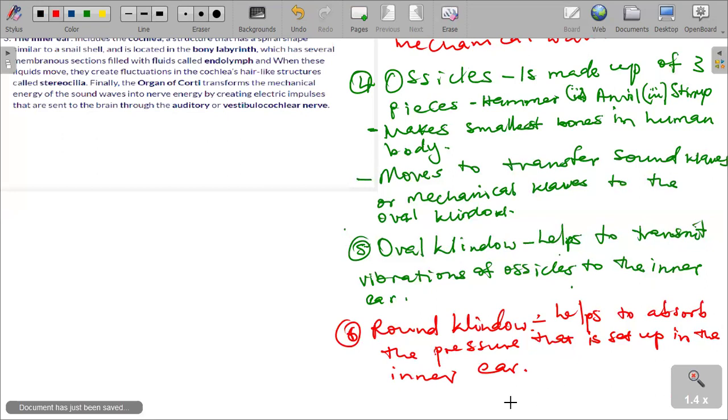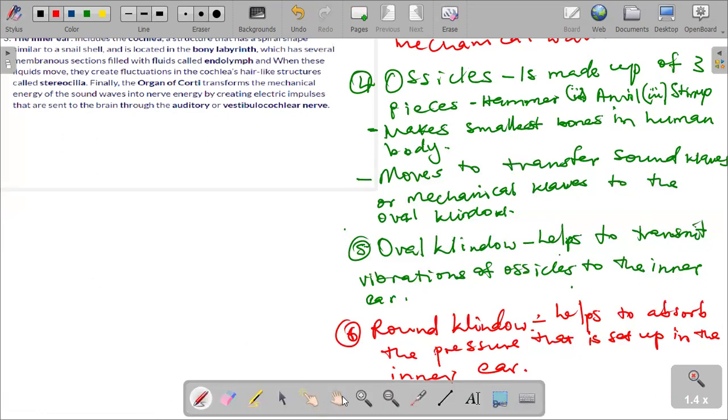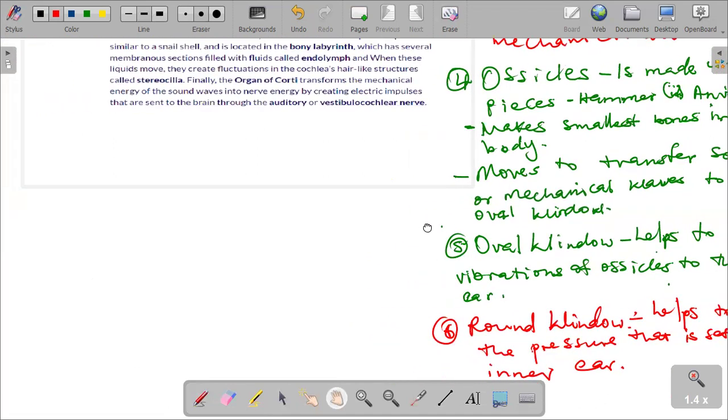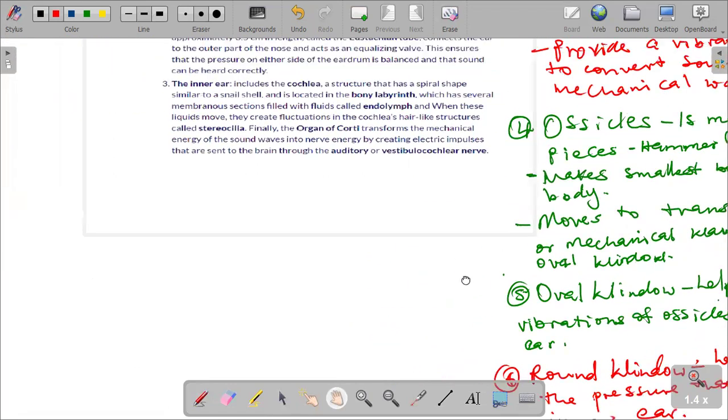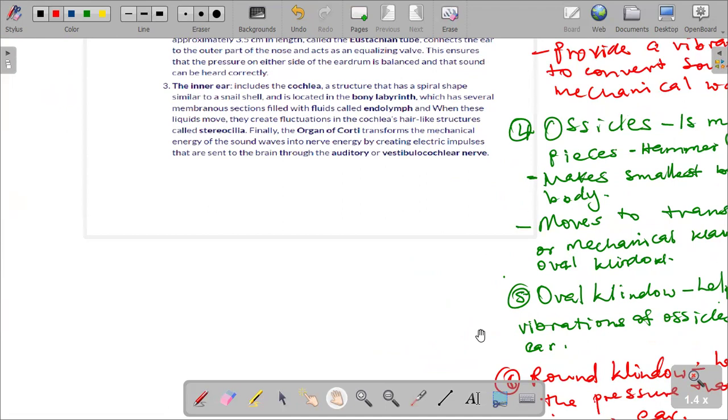We can just quickly explain them here. What's the function of the semicircular canals?